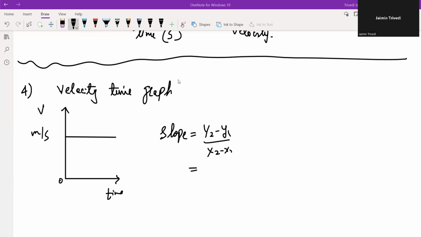So what state is it in? Is it rest condition? Tanvi? If the slope is 0, in this case where final and initial velocities are the same, does it mean it is in rest condition? Think and answer. Vedika?